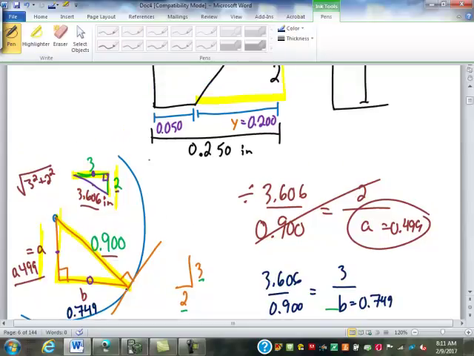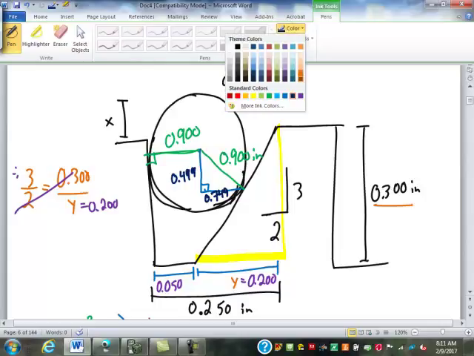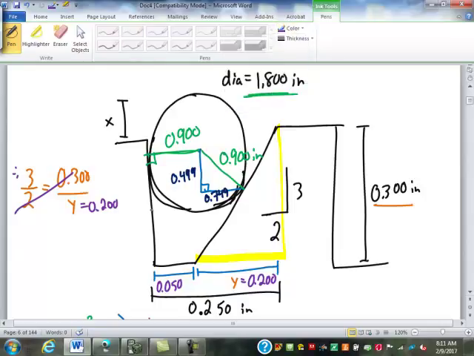Takes us back to the original picture. So what we have, the distance from right here to right here, where this is tangent, is the 0.9 plus the 0.749. So that's 1.649 inches.